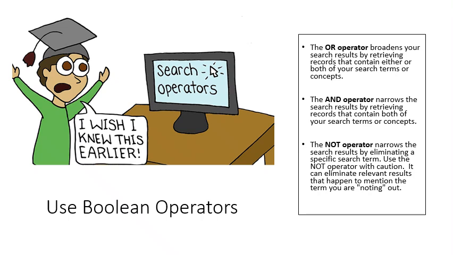And then the NOT operator is something that can be helpful if you notice you're getting search results that are not exactly connected to what you want to discuss and you want to exclude some search results. You can add NOT before a search term and then it will eliminate those results from showing up in what's populated.